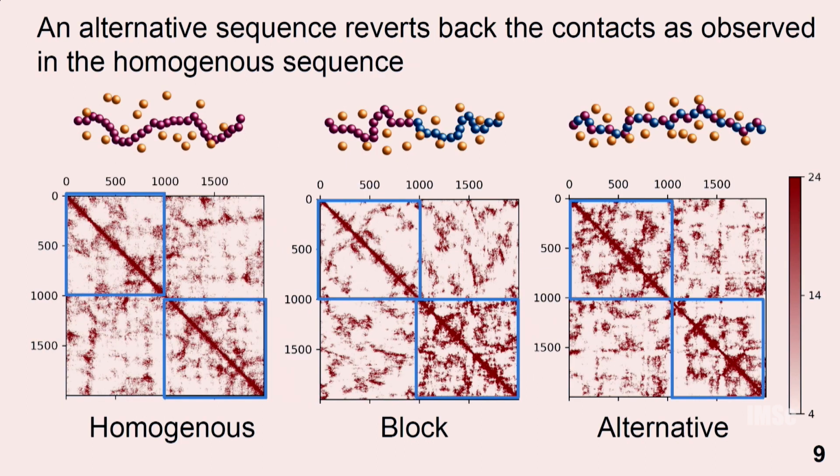So you have homogeneous, block and alternating. Do you have a parameter which will tell you that this particular interaction matrix is homogeneous or block? How do you know which one is closer to experiment? Is this the question, how do you differentiate between them? I haven't shown you the quantitative metric that one can extract from these maps.